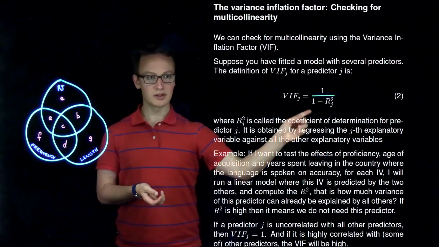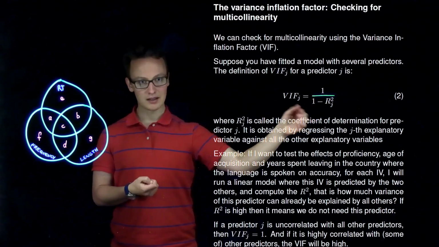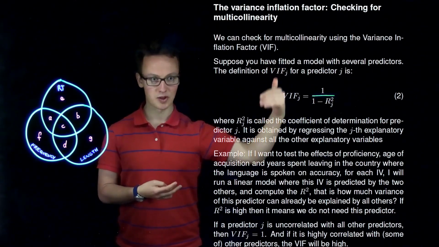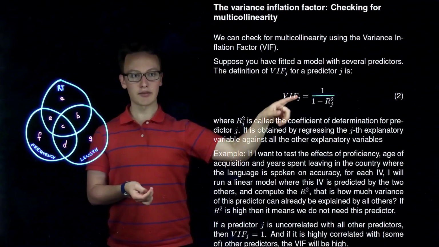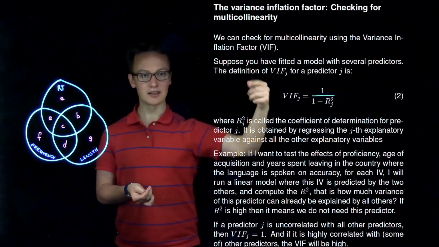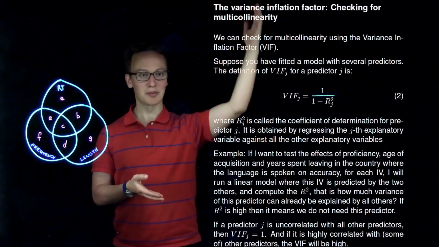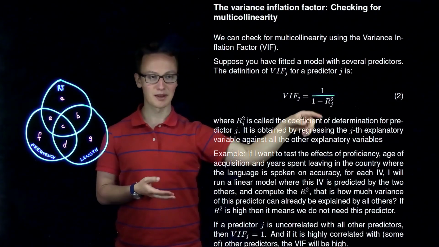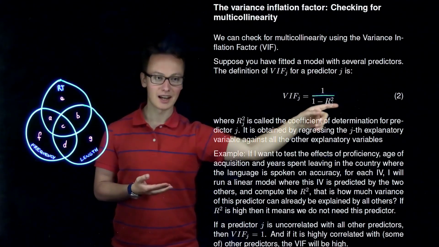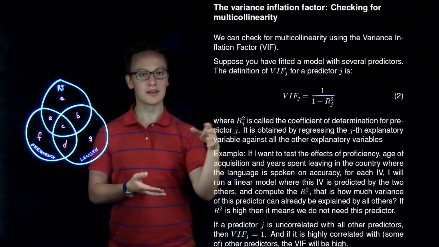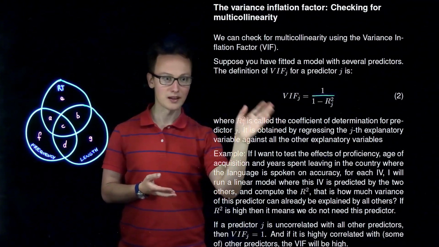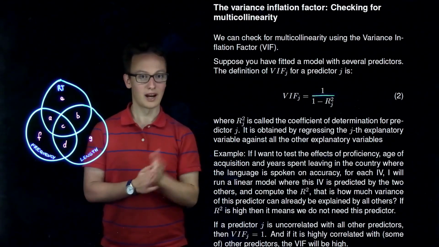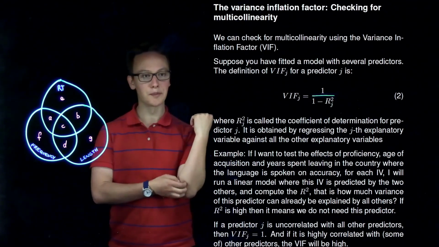Whereas as you increase r squared towards its maximum possible value of 1, the VIF will go towards infinity. So it will become a very large number. If you plugged in exactly 1, you would even get an error. But say you plug in 0.99, you would have 1 divided by 0.01, so that would be 100. A big VIF.